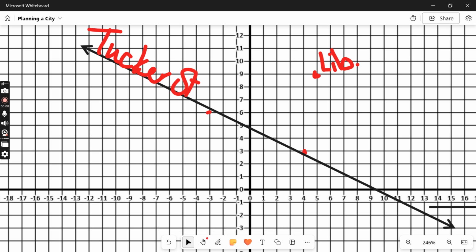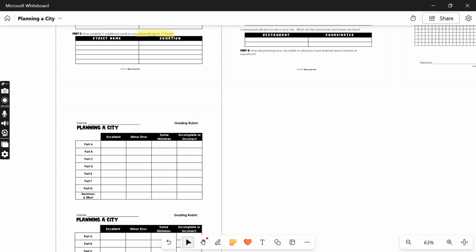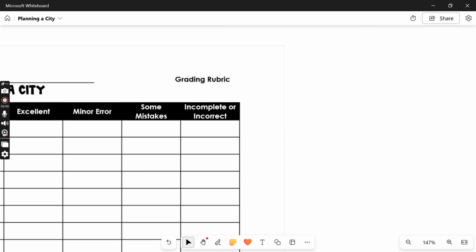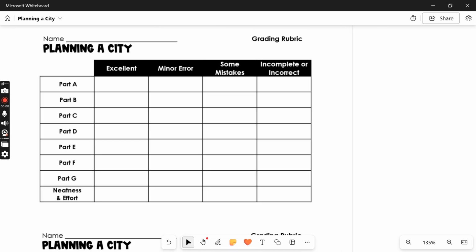So that's the last thing we're going to talk about here, how you're going to be graded. This is the rubric that I'm going to use when I'm grading your project. I'm going to look at each part individually. So you have parts A through G, and then you have neatness and effort. Excellent means you have small, minor errors, just small mistakes in that section, like 1 or 2 errors.